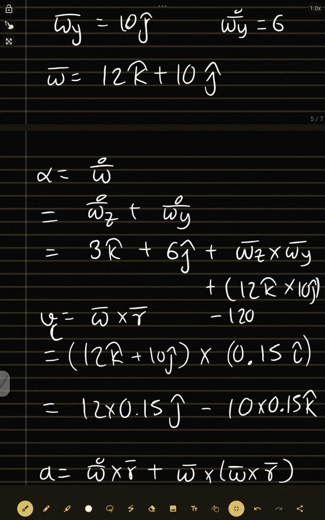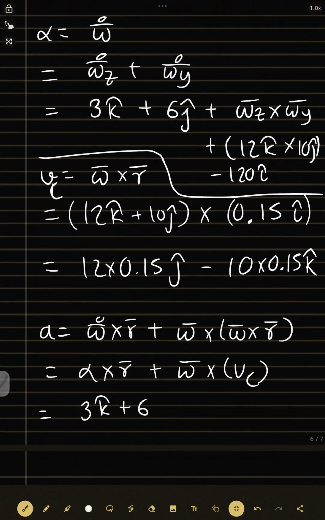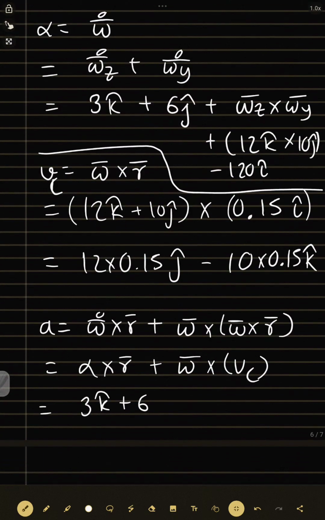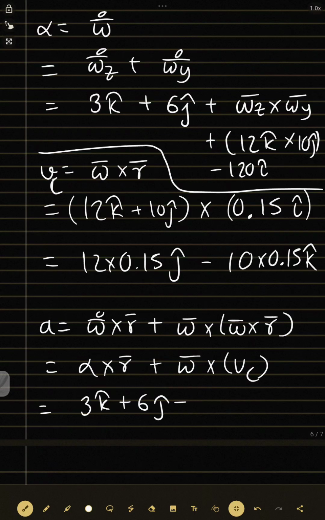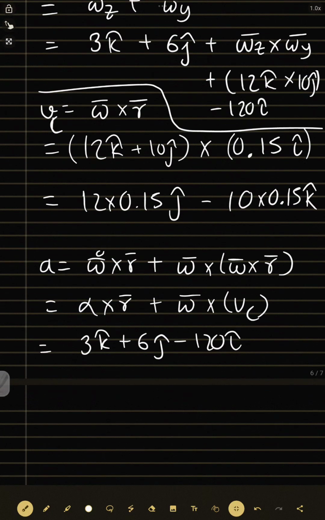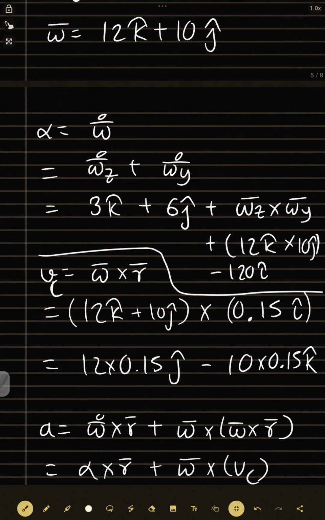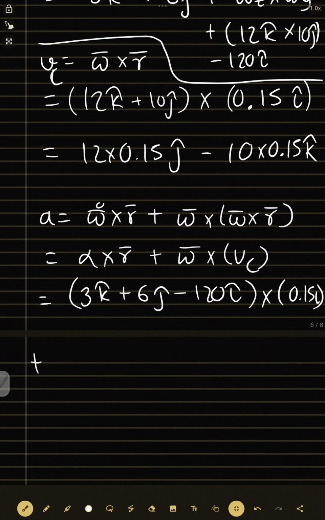So if you want to rewrite alpha, if you write the total alpha, you get 3 k, 6 j, minus 120. Any questions here? I am ready to explain again if you have any doubts.